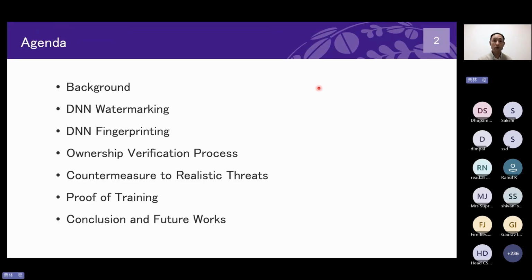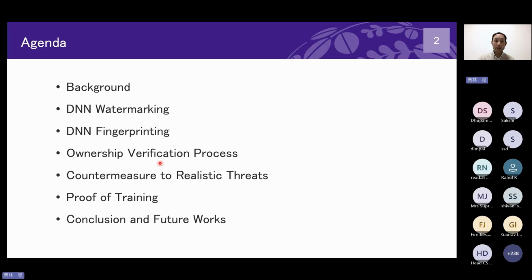Okay, this is the agenda of today's talk. First, I'll explain the background, and then we introduce DNN watermarking and DNN fingerprinting. These two terms are slightly similar, but strictly they are different. So I explain the difference of these two topics and the detail of the techniques.